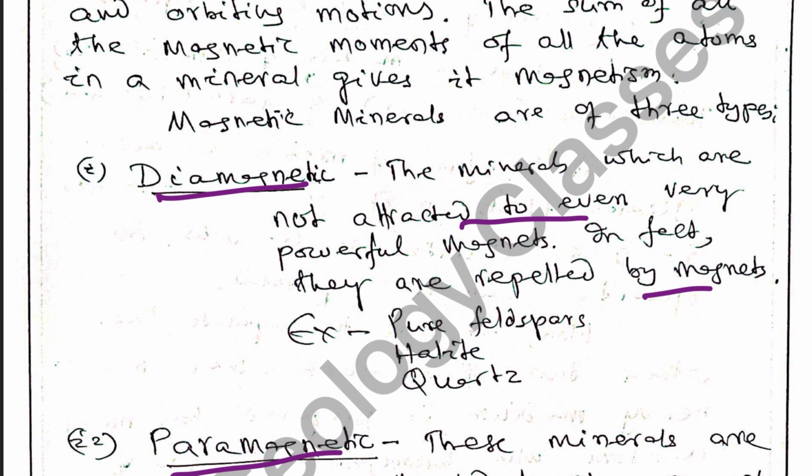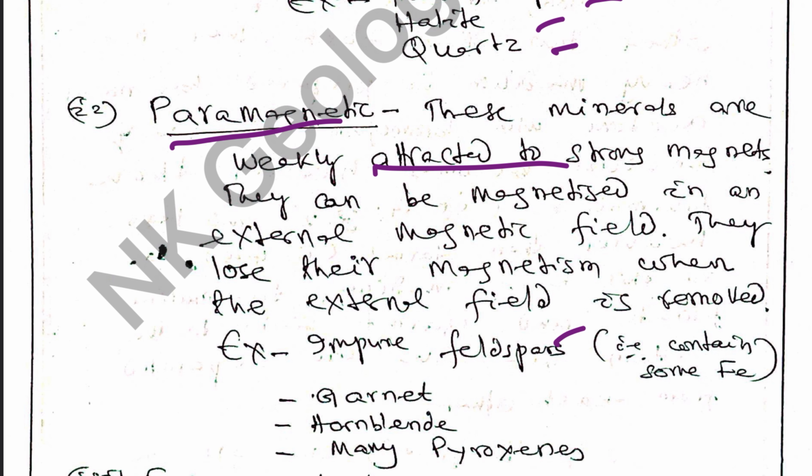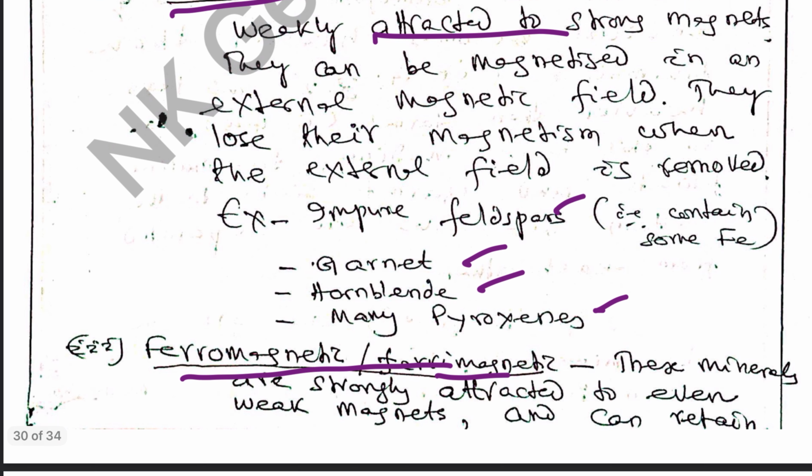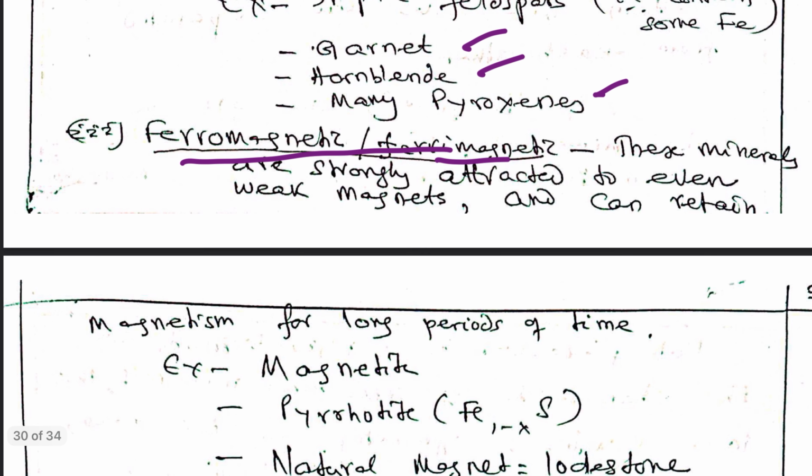They are repelled by magnets. Pure feldspars, halite and quartz are diamagnetic. Paramagnetic are impure feldspars containing iron, garnet, hornblende and many pyroxenes, because they are iron bearing minerals. And ferromagnetic minerals are highly magnetic, as we see in the case of magnetite.